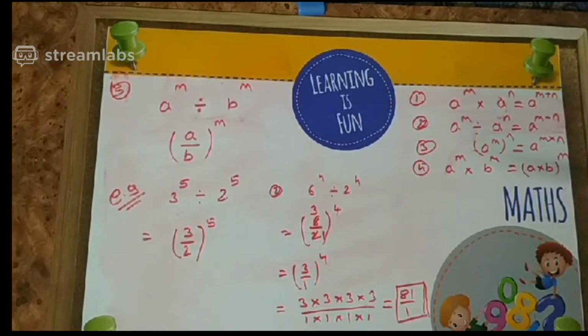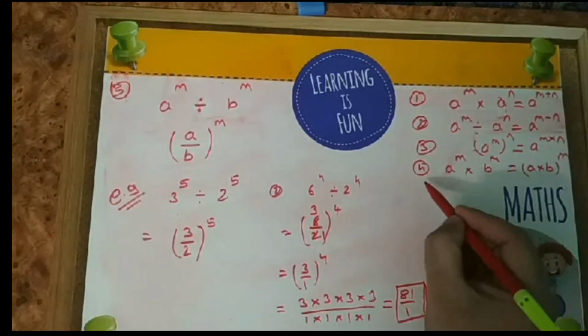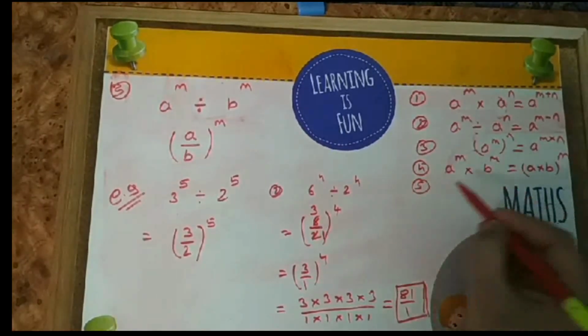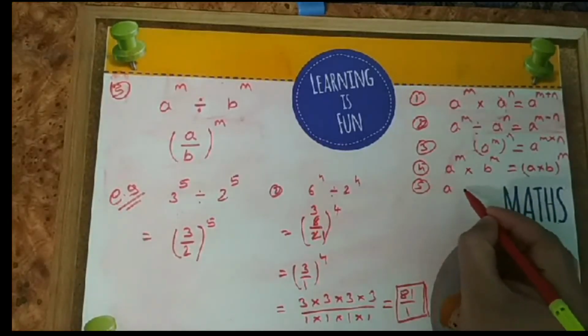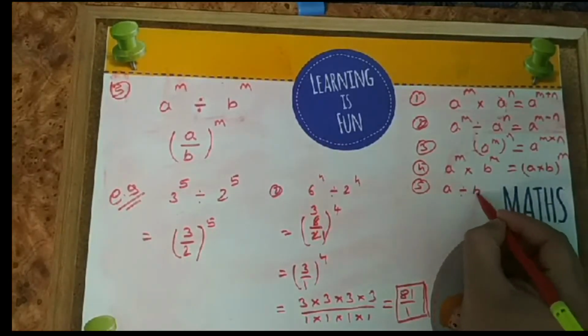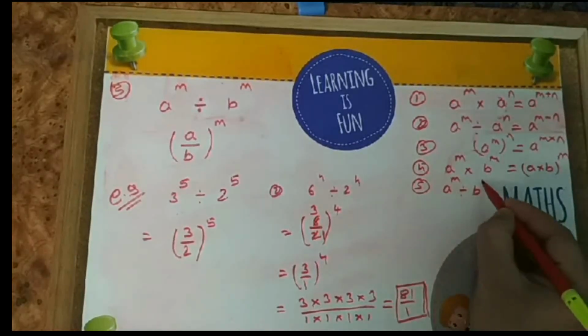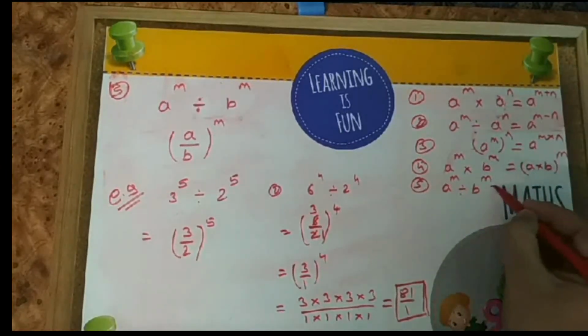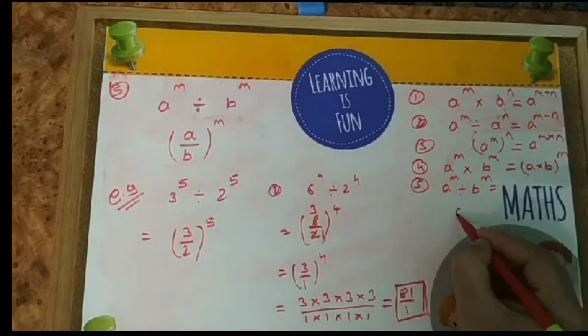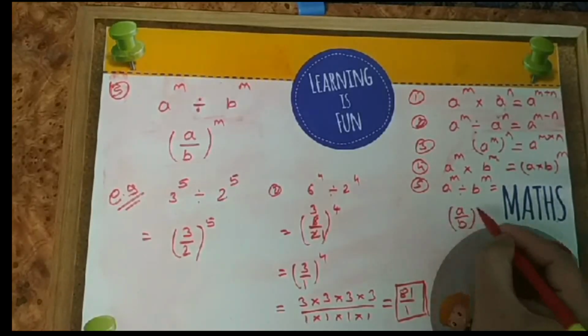So I hope you understood the fifth law, where we are dividing numbers with different bases but the same power. Let me note down the fifth law: where the base is different but the power is the same, A upon B power m.